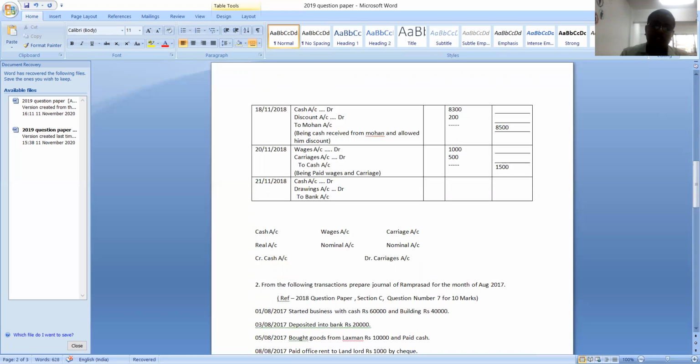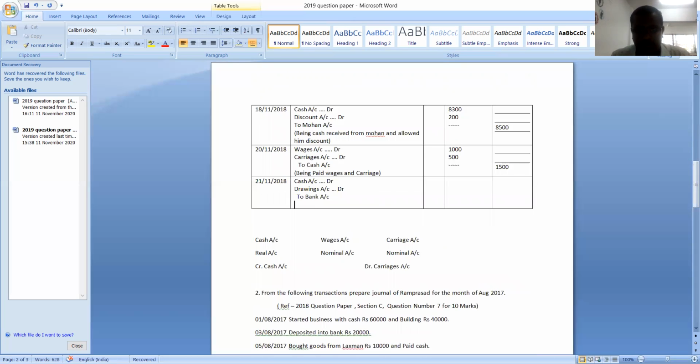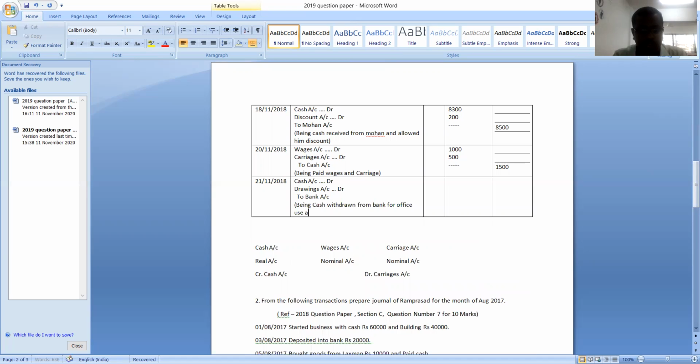Why is bank account credited? Because banker is the giver. Cash comes in, cash account debit. Owner is the receiver, so drawings account debit. Who is the giver? Banker is the giver. So bank account is credited. What is the narration? Narration is being cash withdrawn from bank for office use and for personal use.